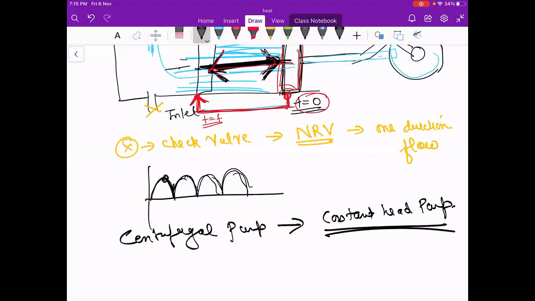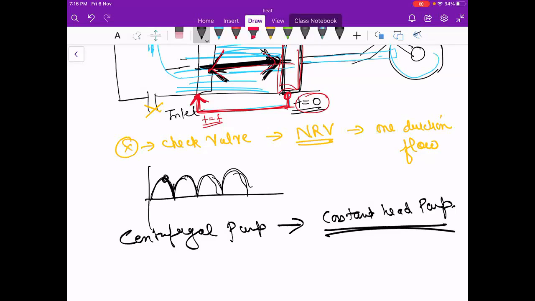But write this. You can remember this point that positive displacement pumps, specifically the reciprocating pump, are known as constant volume pumps, and centrifugal pumps are known as constant head pumps. One very good advantage of the positive displacement pump over the centrifugal pump is that there is no cavitation here.